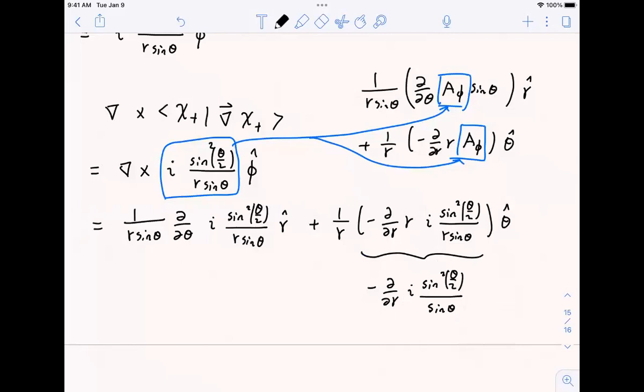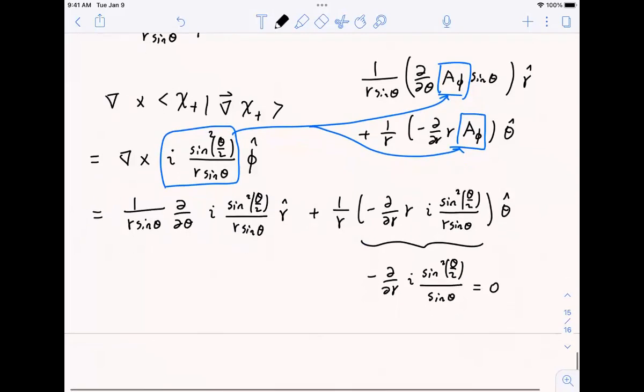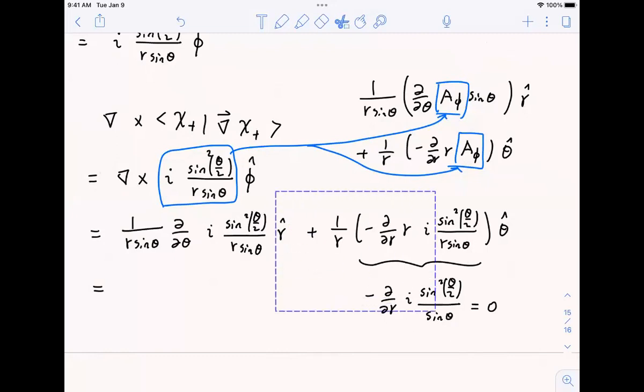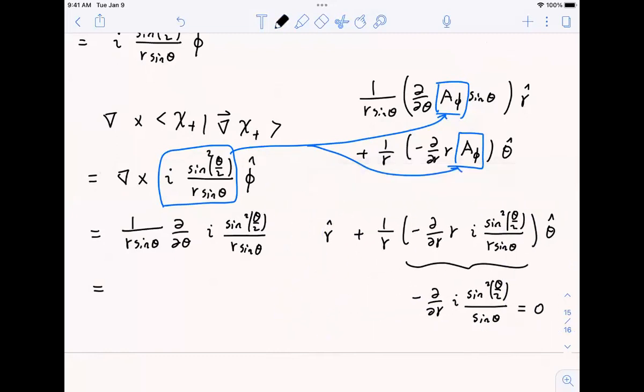And you can see that here, there's no R dependence. So when you do the derivative on R, you get 0. Okay, so eventually you only have one term left. So you're going to get something simpler and simpler. Okay, you're going to get this term. I forgot to times this. There's a sine theta here.